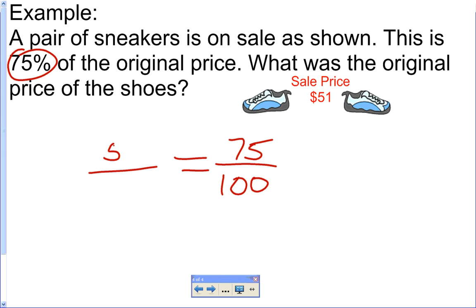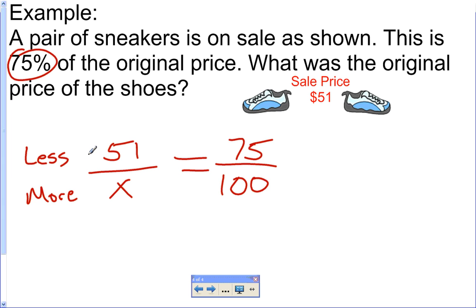So 51 is my part. I'm trying to find my whole. Again, it doesn't make sense here to think of it as part and whole. So think of this number's always less. This number's always more. The part is always less than the whole. So if you think of original price and sale price, you know the sale price is going to be less. If not, that's not much of a sale.